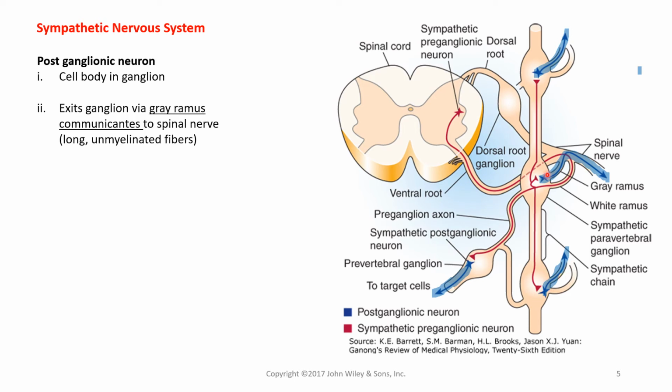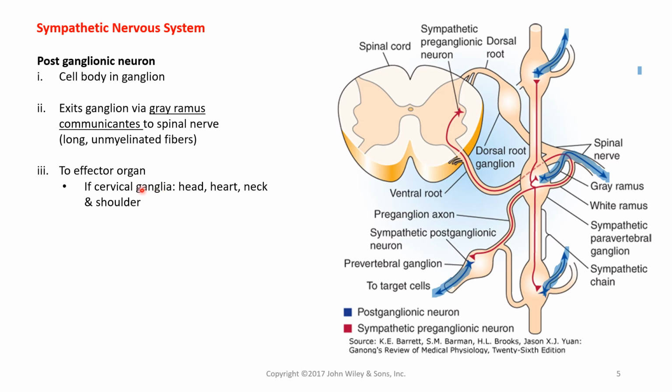When it exits, it's going to exit what we call the gray ramus communicantes, because it is unmyelinated, if you remember. And because this is sitting right next to the spinal cord, it's generally going to have a long way to go to get to its effector organ. So we say these postganglionic fibers are long and unmyelinated, and they're going to exit through that gray ramus communicantes.